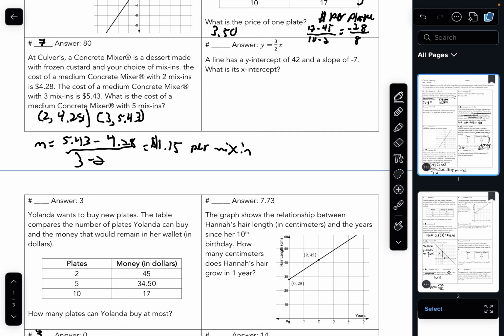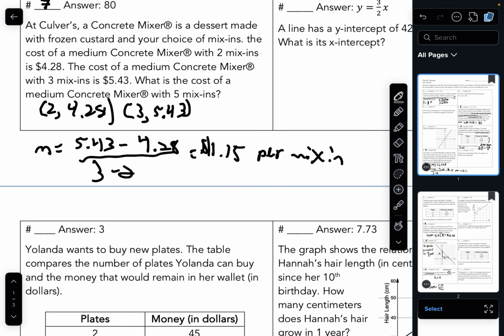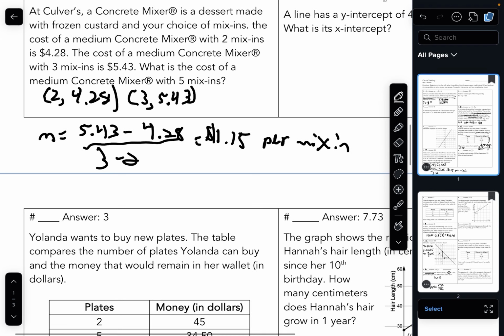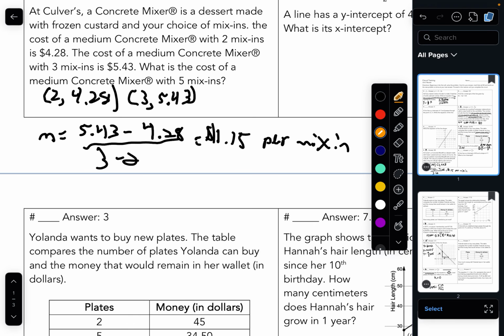So if each amount costs $1.15, here is what I would do. We already know that 3 mix-ins is 5.43, and they want 5. That's 2 more mix-ins. So we could calculate Y equals the 5.43 plus the 2 additional mix-ins, because we want to find the 5, right?